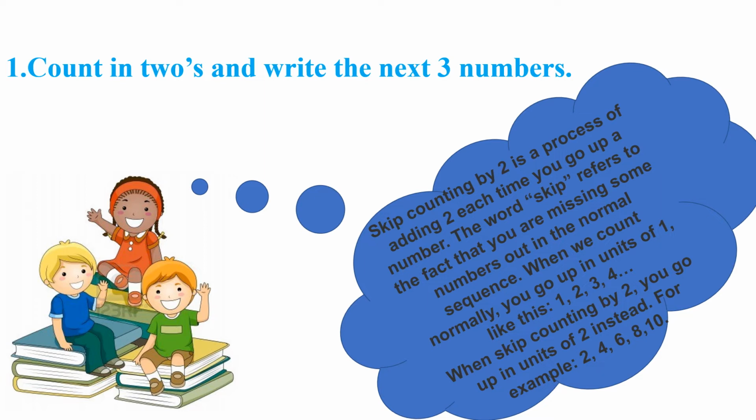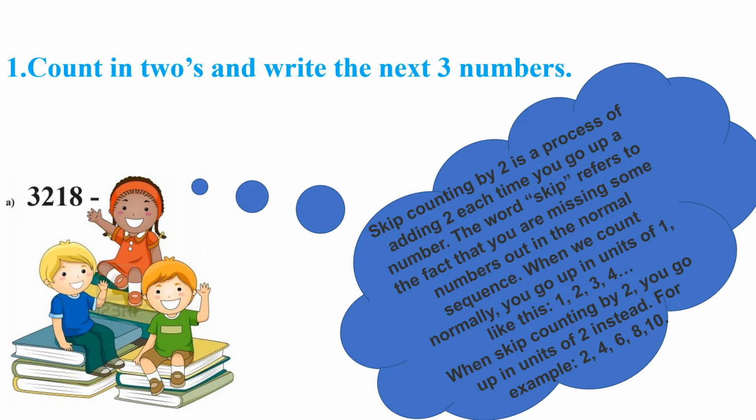When we count normally, you go up in units of 1 like 1, 2, 3, 4. But when you skip count by 2, you go up in units of 2. For example, 2, 4, 6, 8, 10, 12, and so on.